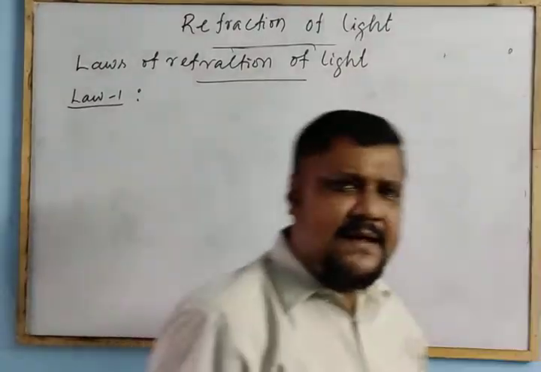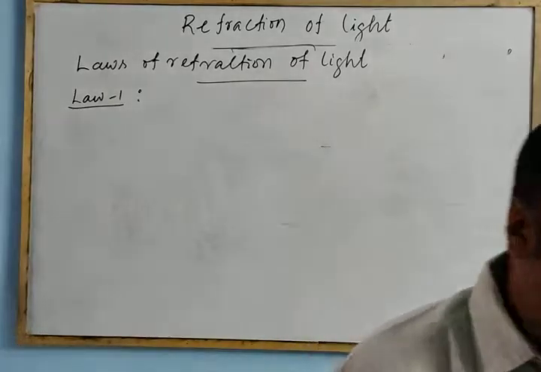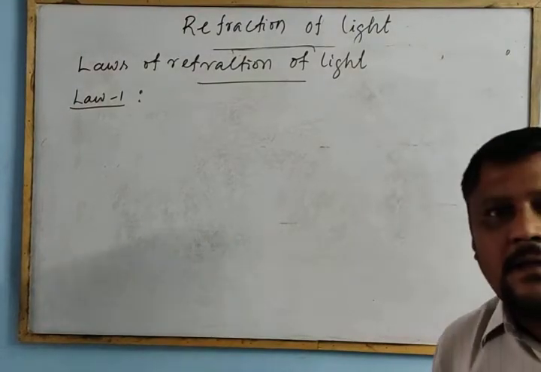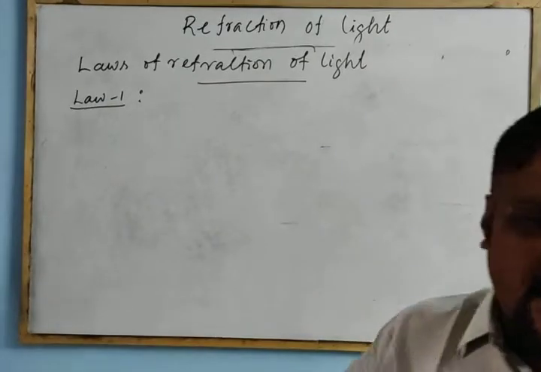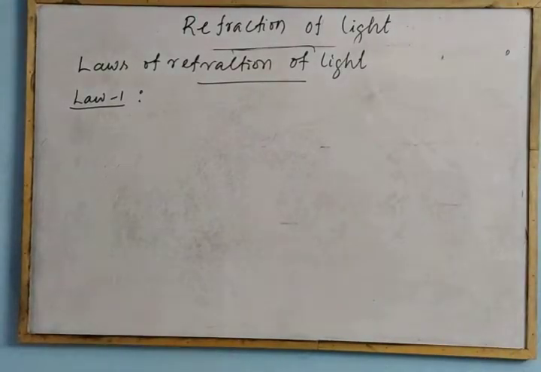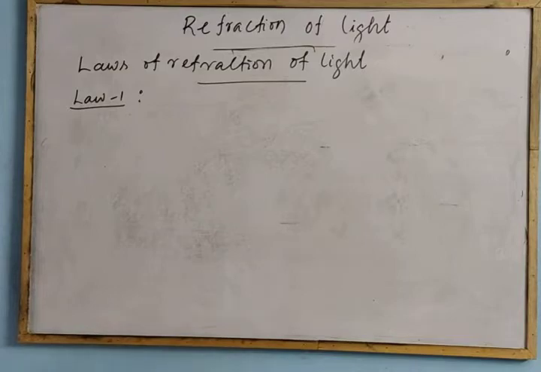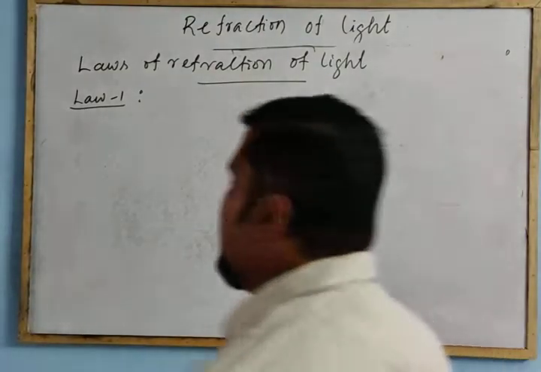Like the same thing in reflection, the incident ray, the refracted ray, and the normal to the interface at the point of incidence lie on the same plane. Lie on the same plane means they are co-planar.